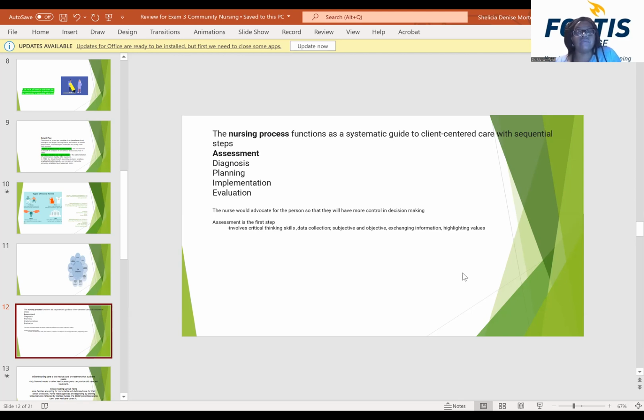Assessment is that first step. It involves critical thinking skills. You want to collect as much data as you can. So that would be subjective and objective data. You want to have those conversations so that information is exchanged. You want to establish rapport so that person feels comfortable with you and giving you the information so that you can make a good assessment and can come up with those things that you need to advocate for that person.